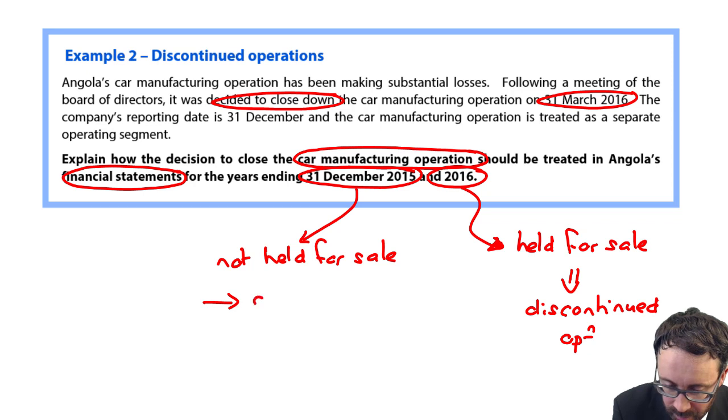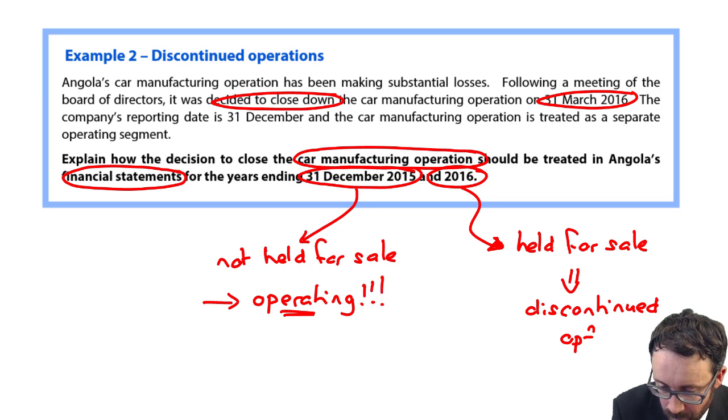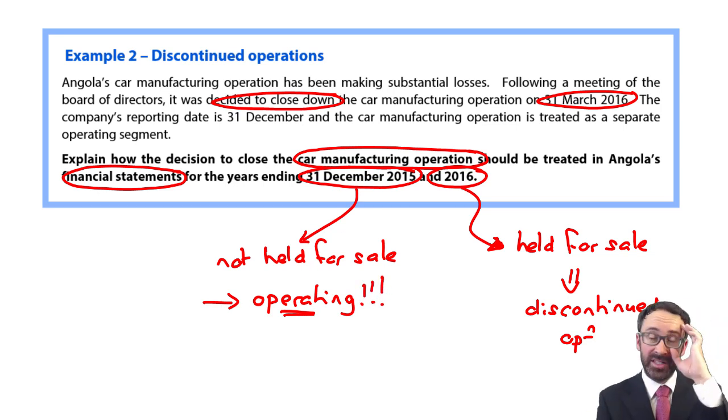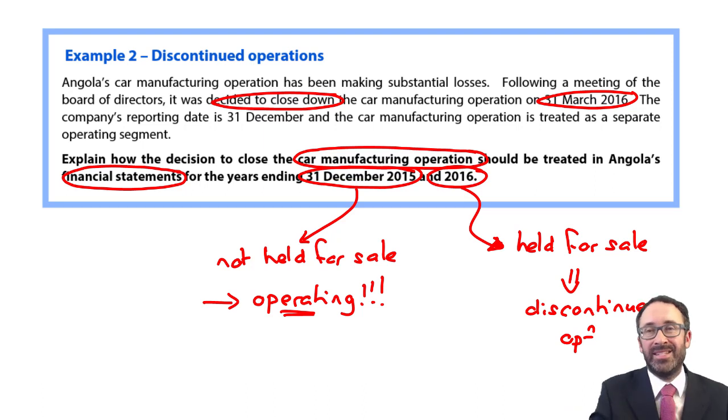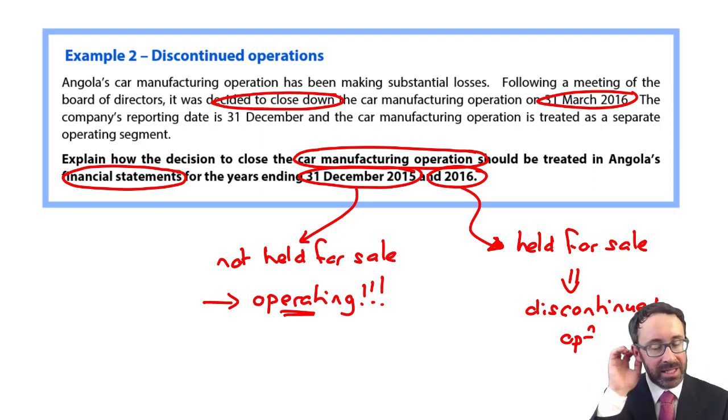Why? Because it is actually operating, isn't it? It's not held for sale just yet. It's never going to really be held for sale. It's just being closed down, isn't it? So therefore, because the business is still operating, and it will do for January, February, March of 2016, at this reporting date, December 2015, it is not going to be a discontinued operation.